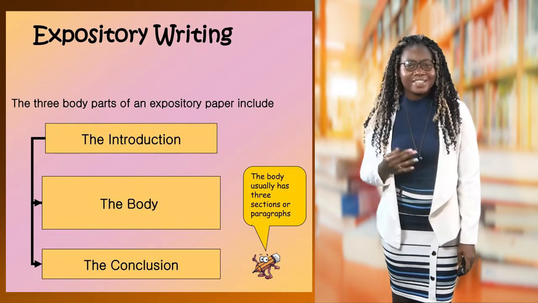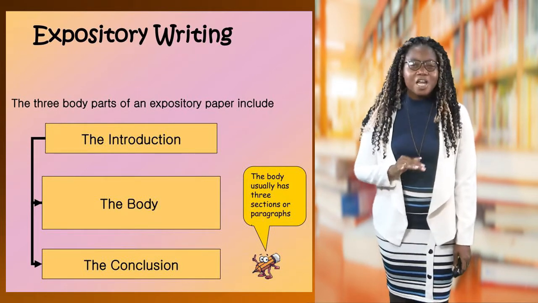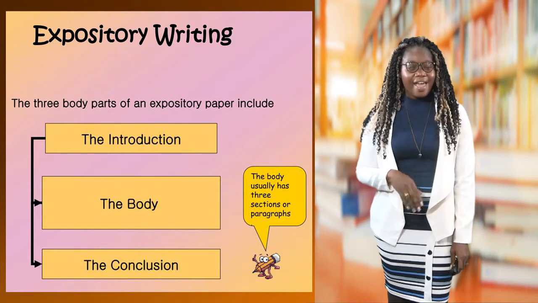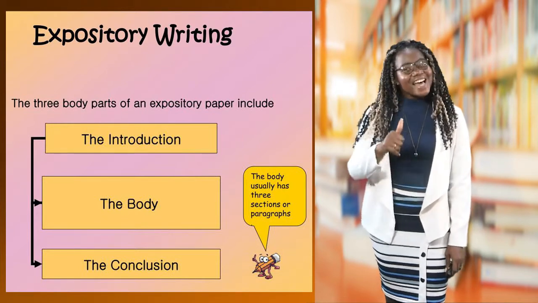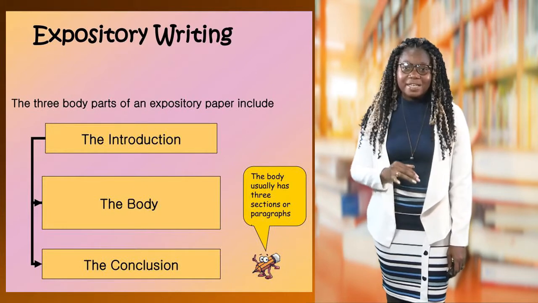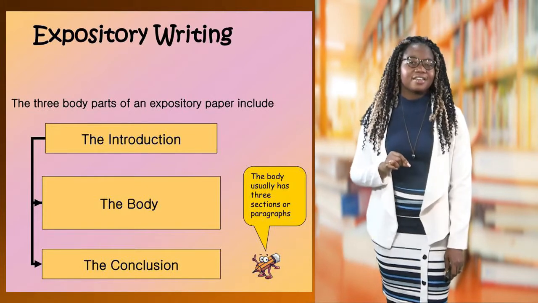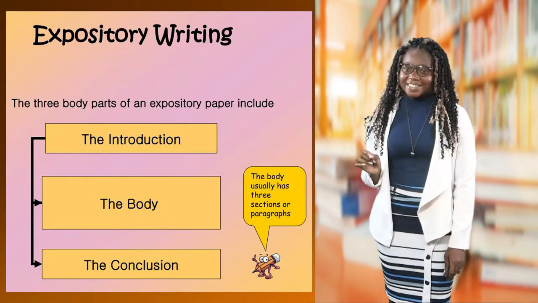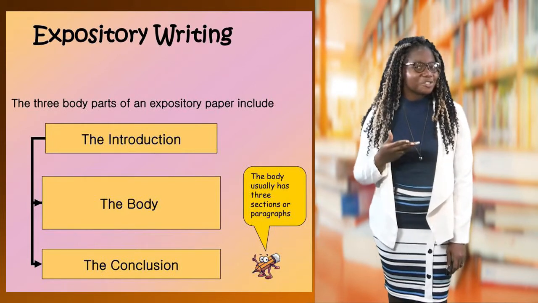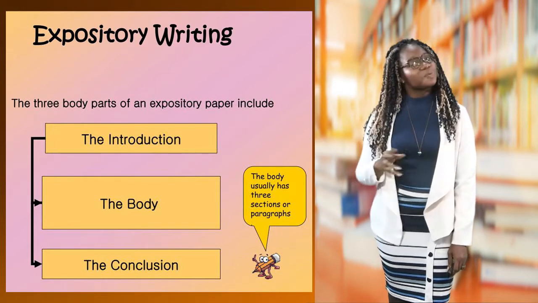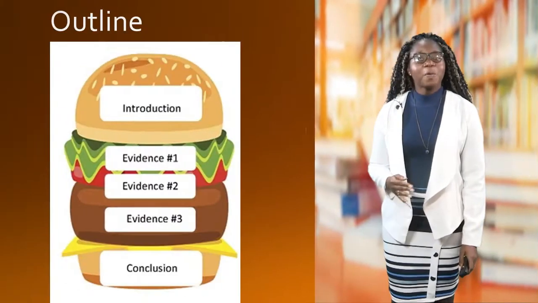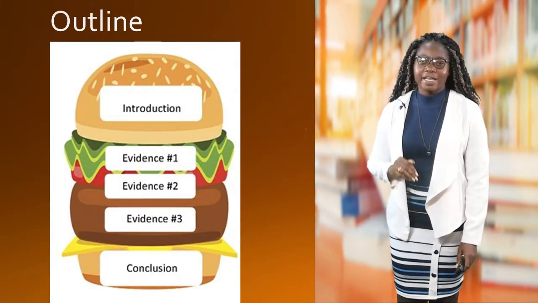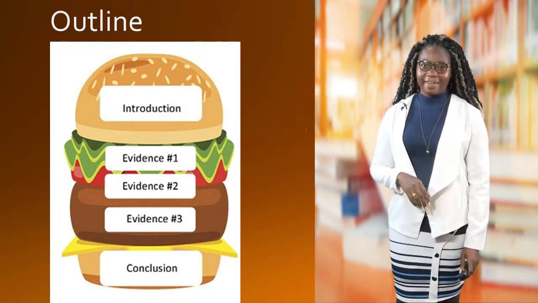But for you grade 9 students, if you're now starting off in your writing and you can only muster up 1 paragraph as the body, that's okay. The aim is to get you writing. So as you continue to practice and as you continue to write, your writing length will get better and it will improve. So now we want to outline what an expository piece looks like.